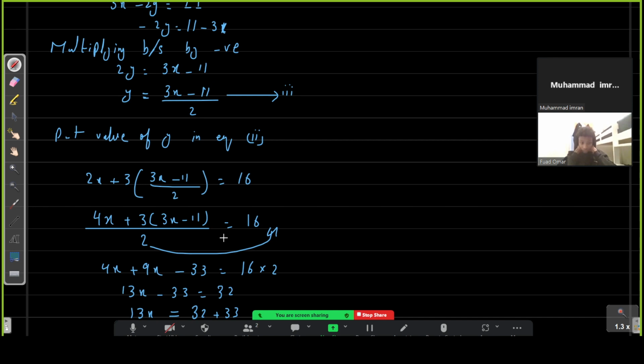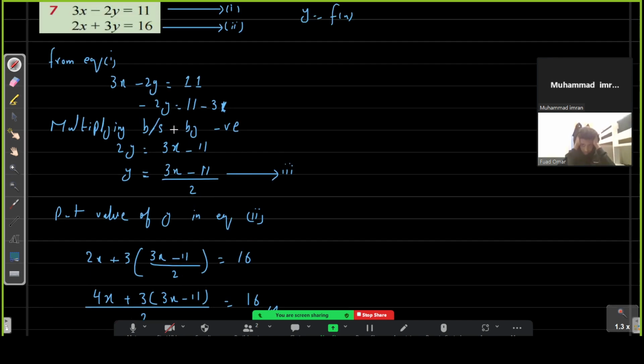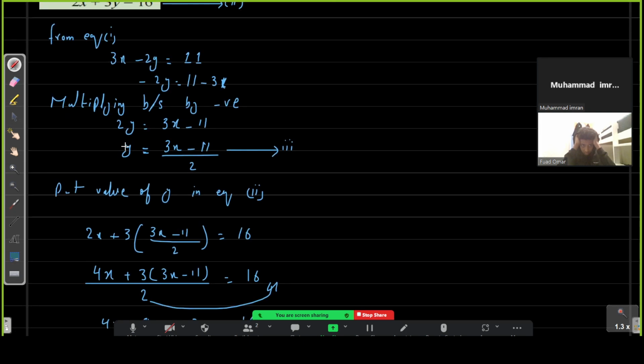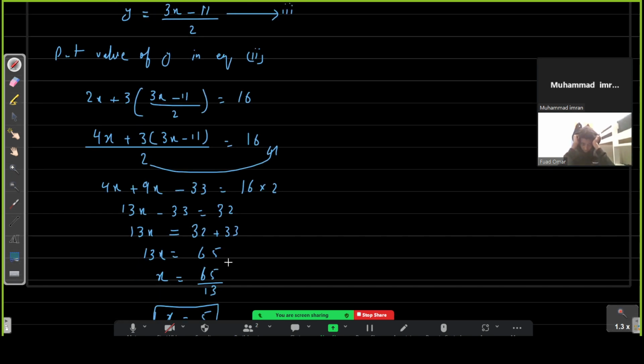Now I can put the value of x, whether I use equation number 1, equation number 2, or equation number 3. Because equation number 3 is simpler and we already made it into the simpler form, I'm going to use equation number 3 to find the value of y.